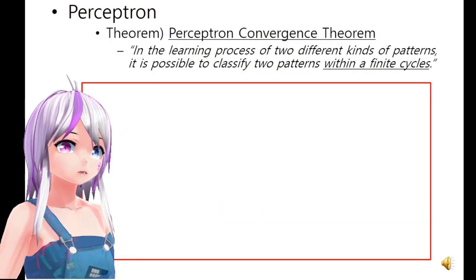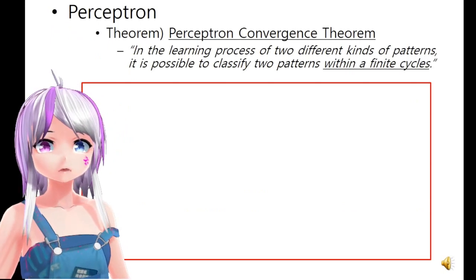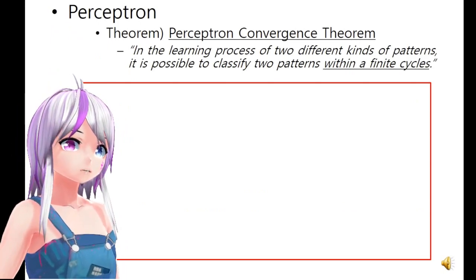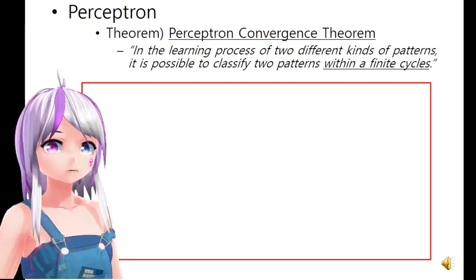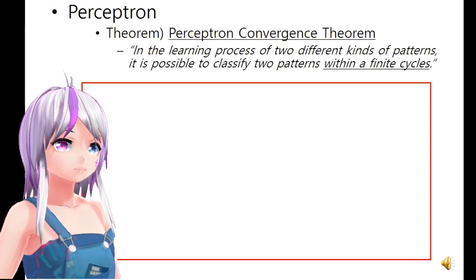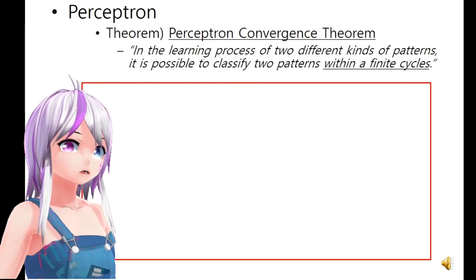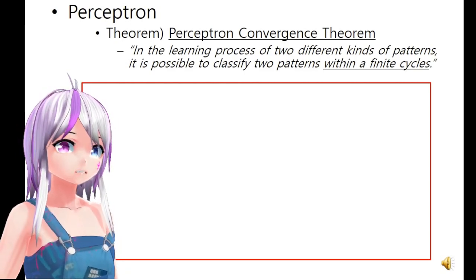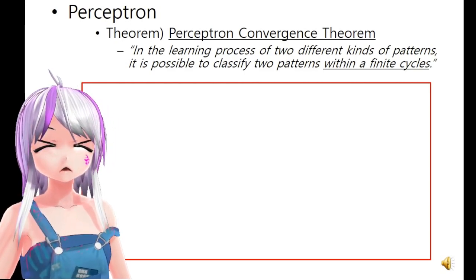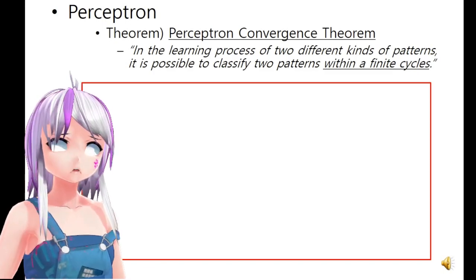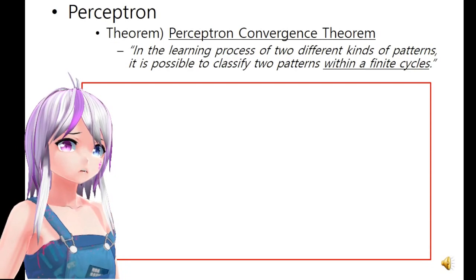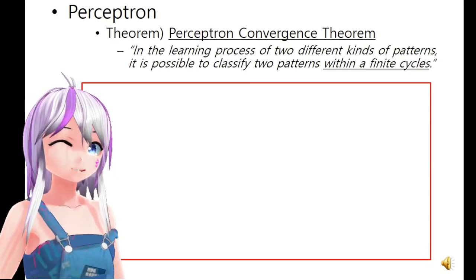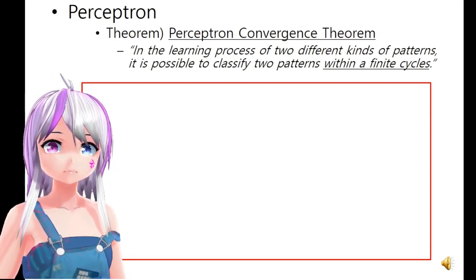Therefore he developed the perceptron convergence theorem. Mathematically, the perceptron will converge to some state. Sometimes it is vibrating, but vibrating is, in a wider sense, some kind of convergence because it's bounded within some range.